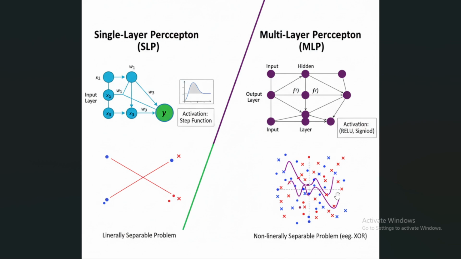The perceptron's learning algorithm. The perceptron learns by iteratively adjusting its weights and bias based on misclassification. Initialize weights and bias to small random numbers or 0. For each training example with input and desired output, calculate the output using the current weights.